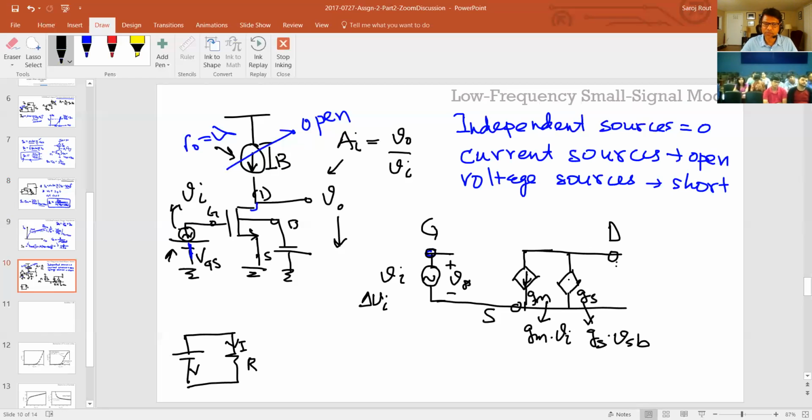So now the question is, which direction should this current be in? As you saw in the last slide, as you increase the source to bulk voltage, the current in the drain actually decreased. So if this is your direction for the same phase of current, this should be in the opposite phase, because that will make sure that the current which is flowing out or in of this is subtracted from here, right? So that's the direction you should have if this is your VSB, or source to bulk voltage, in positive relation.